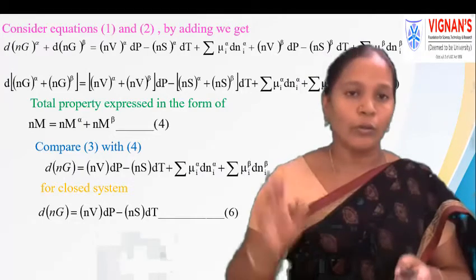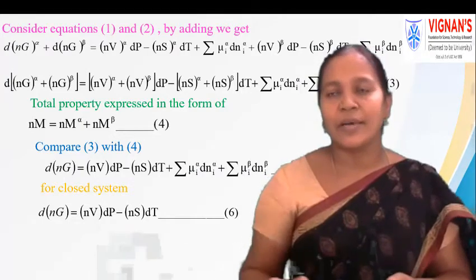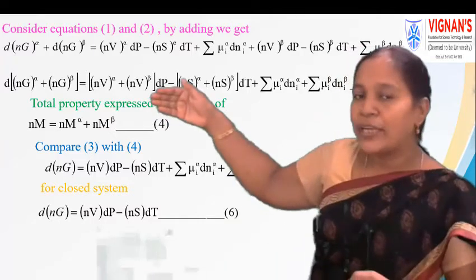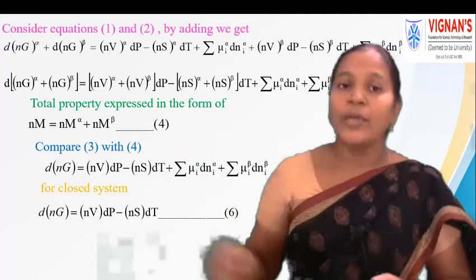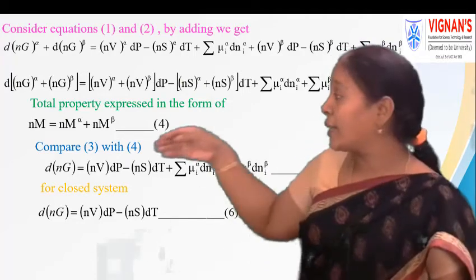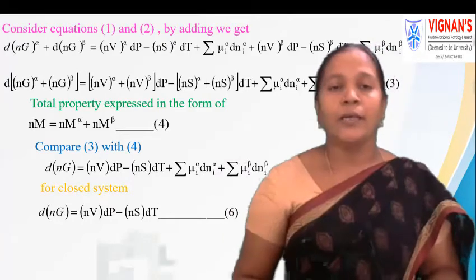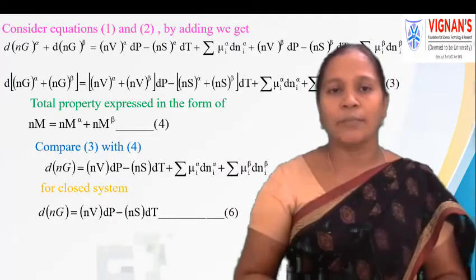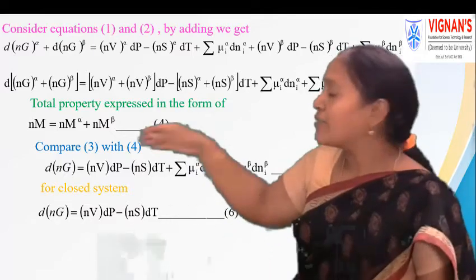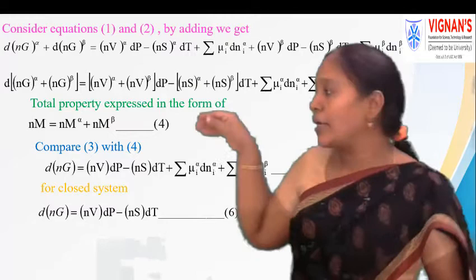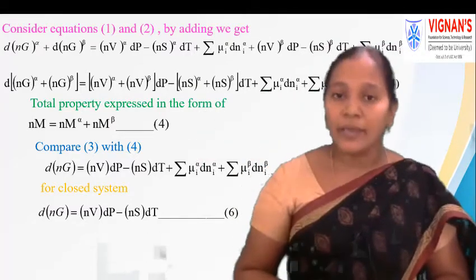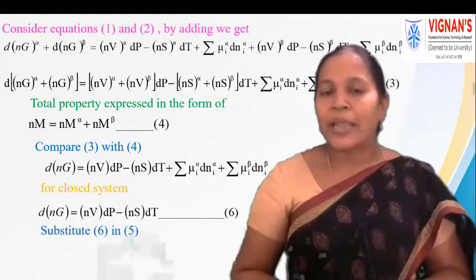Now coming to the closed system. For a closed system, the fundamental property relation is d of nG equals nV dP minus nS dT, which is indicated as equation 6.